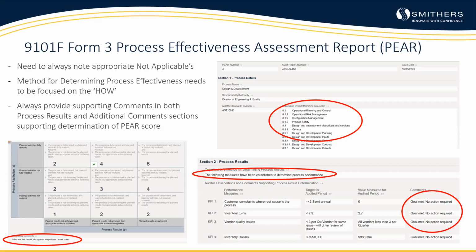But if we were seeing cases of KPIs not being met, the expectation would be that there would be a clear reference to what the client organization was doing or what the auditor specifically observed as not sufficient. And then in the final additional comment section, that should be a clear and concise statement as to what was looked at, if there were any NCRs cited appropriately to support the rating above as far as the PEAR.